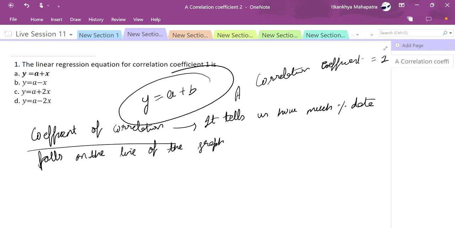We made a graph plotted in the last class. It falls on the line of the graph.